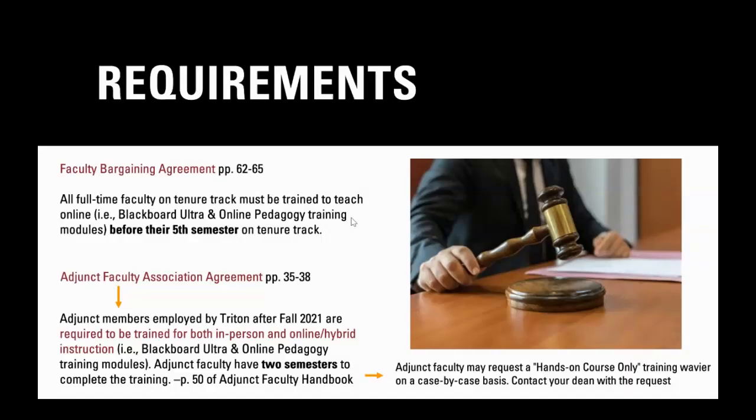If you are an adjunct faculty member, you have to take both Blackboard Ultra and online pedagogy within 2 semesters of teaching at Triton. You certainly can ask for an exception, but that should not be something that you continue to kick the can down the road. So keep that in mind. And you can see here, I do have the pages listed if you'd like to check out that language within your agreement.